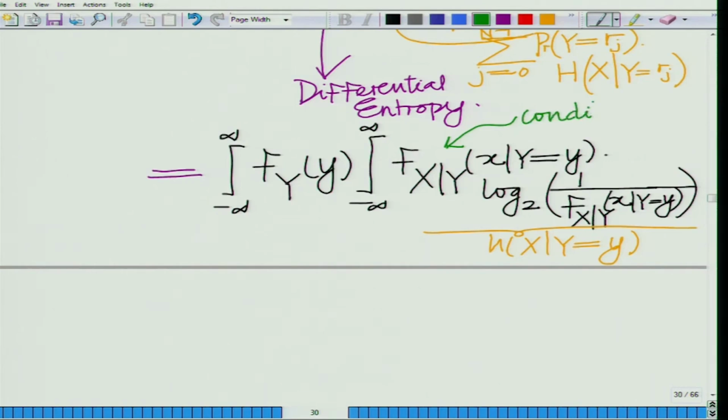What we have here is the conditional probability density function. Okay. So, all these concepts you must be familiar with from probability and random processes. This is the conditional probability density function.